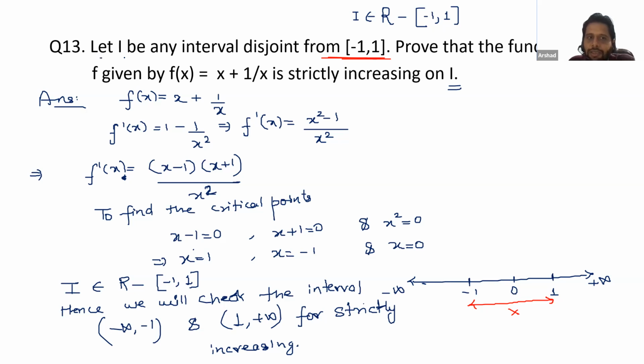The question is, let I be any interval disjoint from -1 to 1. So what does this mean? I is an interval which does not have these values, -1 to 1. This means I belongs to the real numbers except -1 to 1. This is already given in the question. That is why we have excluded this part. Is it clear, Nabil? Yes, sir.